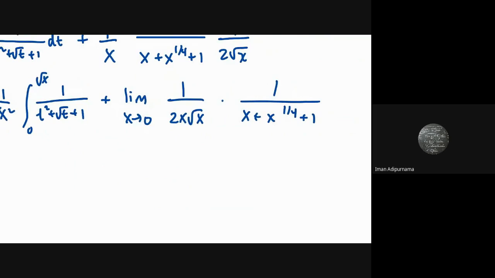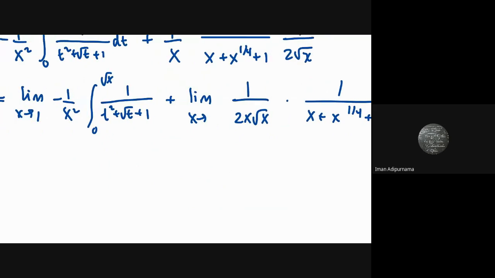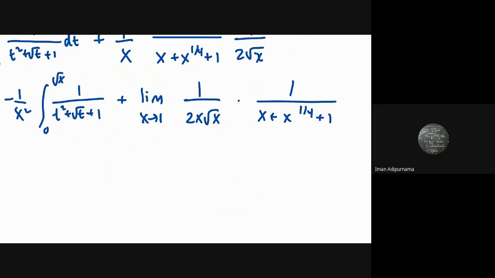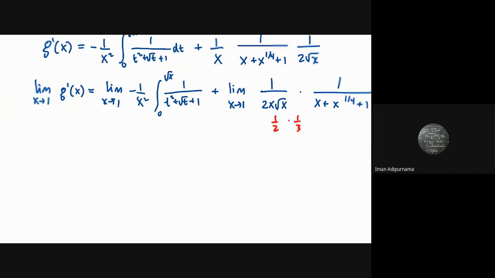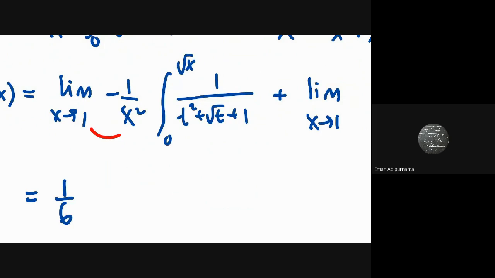Okay, we can look here. Oh, wait, this is not 0, sorry. 1. If we check, this will be half, and this will be 1 over 3. So this part will be 1 over 6. Let me write 1 over 6 here. And we check this going here. This is negative 1, and this will be 1, 0, 1.